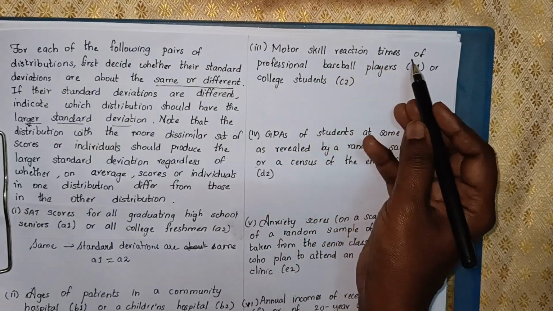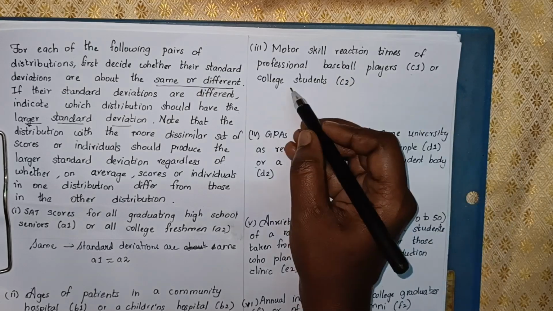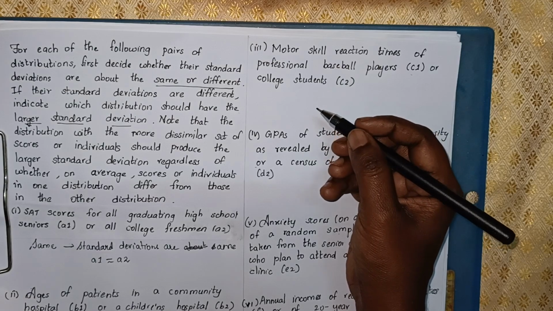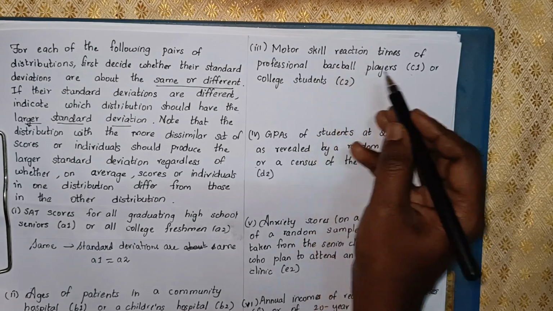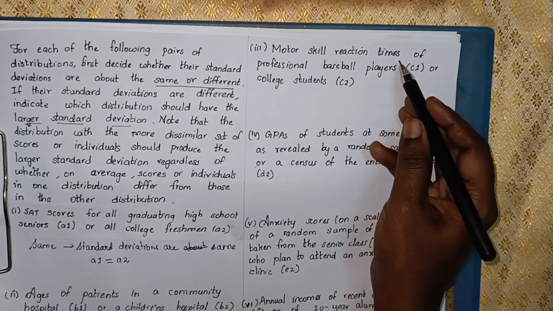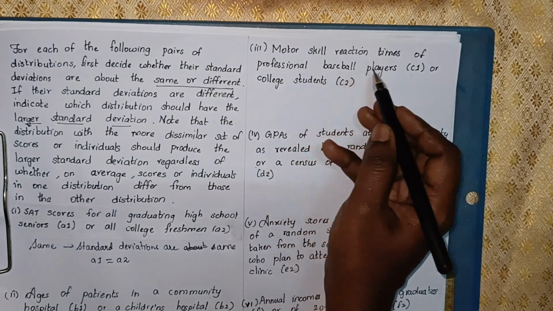Motor skill reaction times of professional baseball players, C1, or college students, C2. Now again we will analyze this case. C1 is professional baseball players.